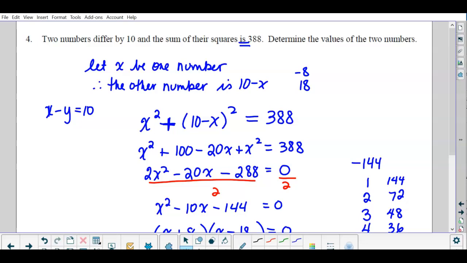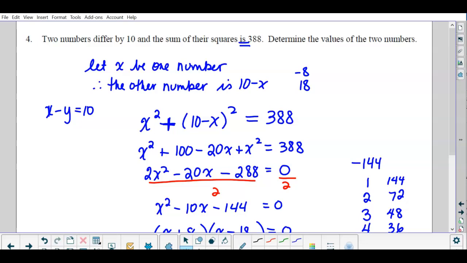So, what did I do? It should be negative 8 and negative 18 together, and 18 and 8. Yep.